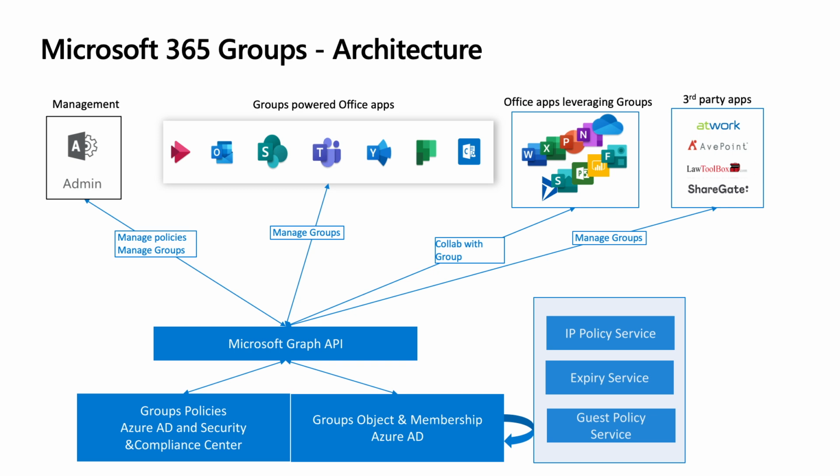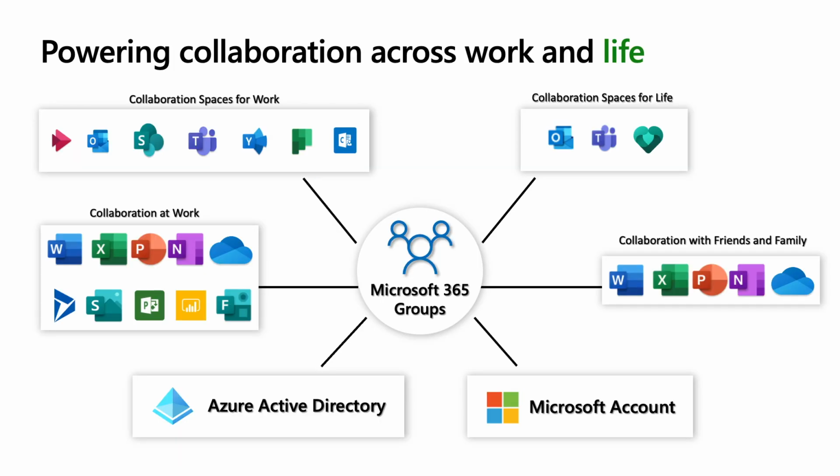One of the things that we do want to point out is that while groups are available for work, we have also made a lot of progress in making the same groups available for even personal scenarios, like for example, using it with friends and family. We have a great session coming up by my colleagues Sandra and Rahul. The details are listed, so we do encourage you to go watch that video to learn more.